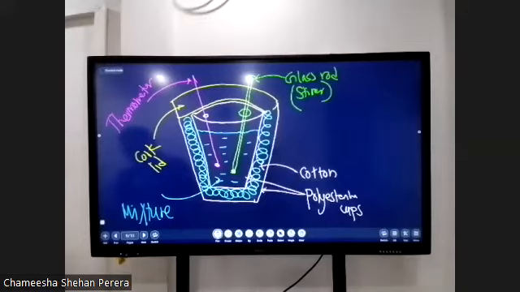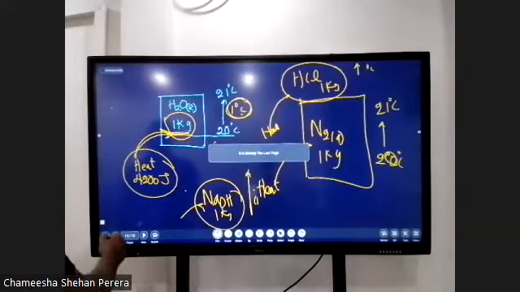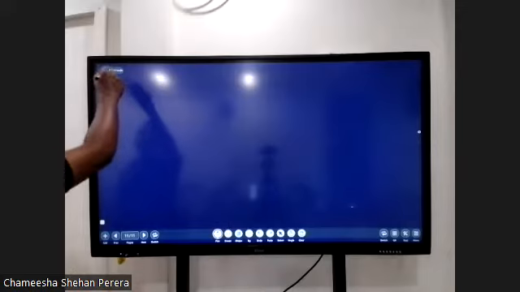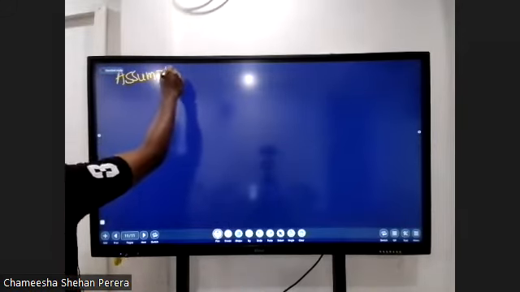What did we write? When finding the specific heat capacity of the mixture, the following assumption has to be made. Okay, after that you can write assumption 2. This is the second assumption that we make during the reaction. Okay, assumption 2.